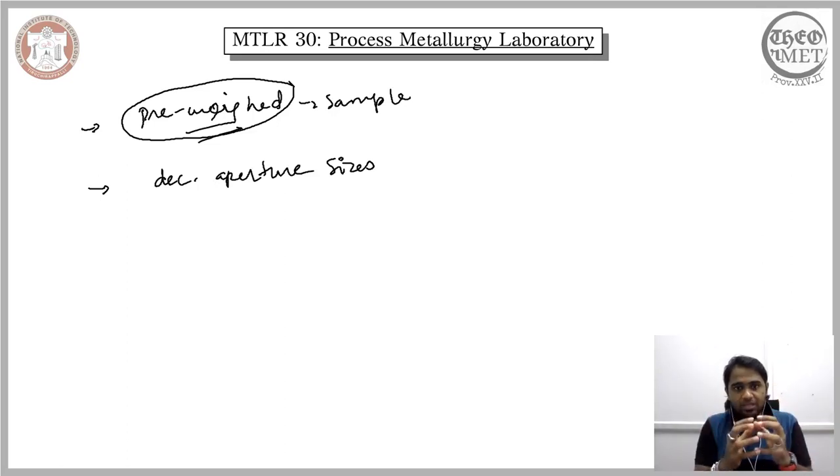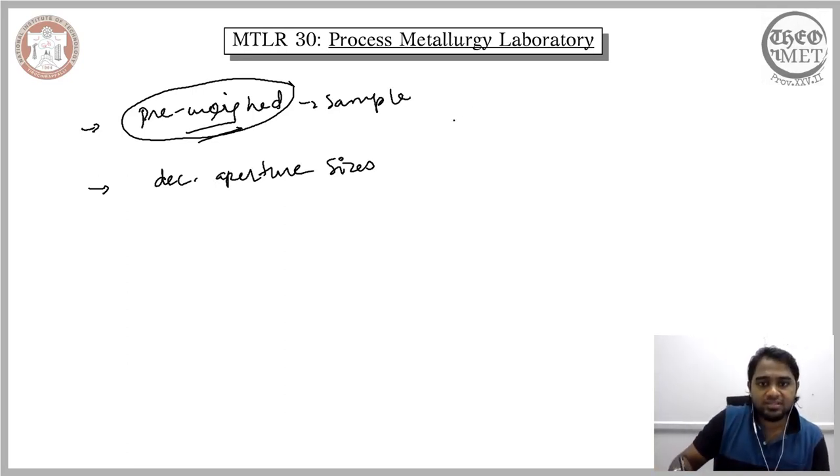You begin with the sieve of maximum aperture size, and then you keep decreasing the size of the aperture gradually. So you begin with the sieve of maximum aperture size, and then you reduce the size of the apertures in the subsequent sieves. So essentially what you are doing is successively considering finer sieves.